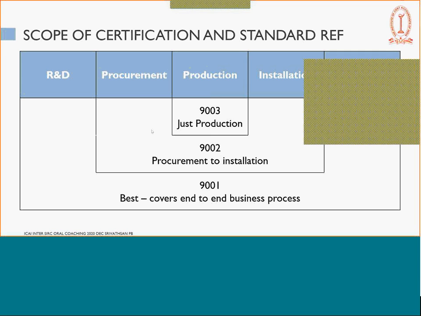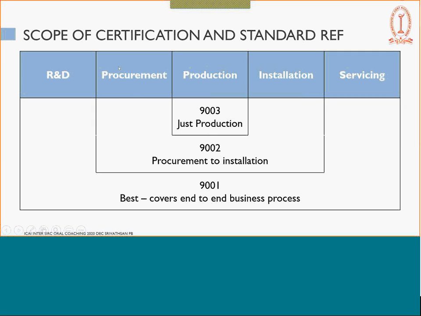If I don't involve R&D and after-sales servicing, suppose a fridge maker company has a 9002 certification, which means development is not certified, my service is not certified. Only my procurement, production, installation.